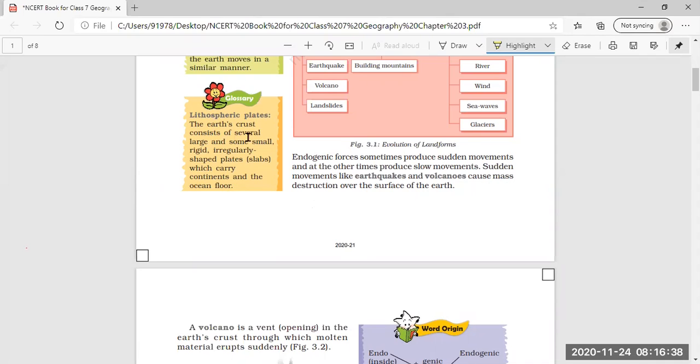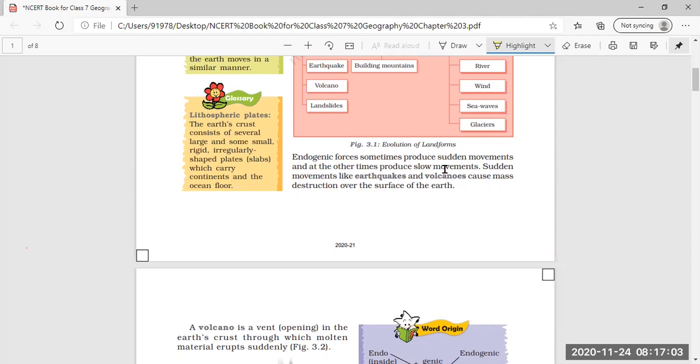The Earth's crust consists of several large and small, rigid, meaning very hard, and irregularly shaped plates. They are not regular; shapes are changing. And in the form of slabs they carry the continents and the ocean floors, and they are called lithospheric plates.